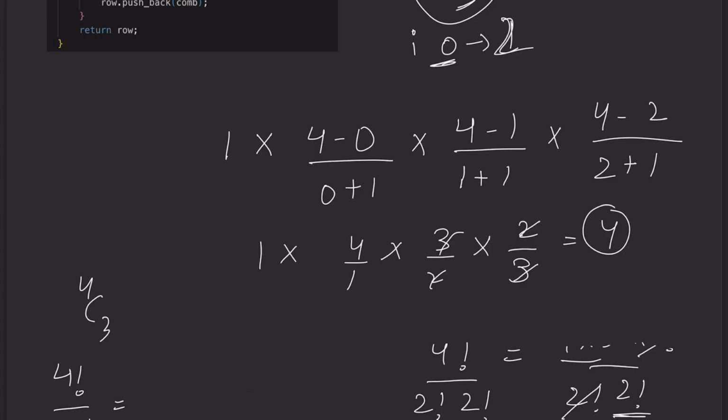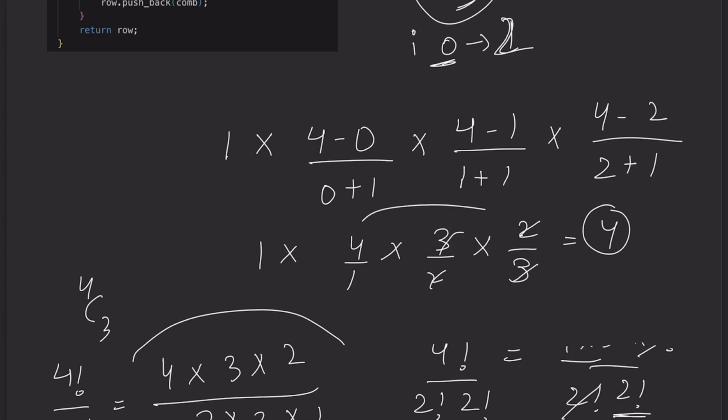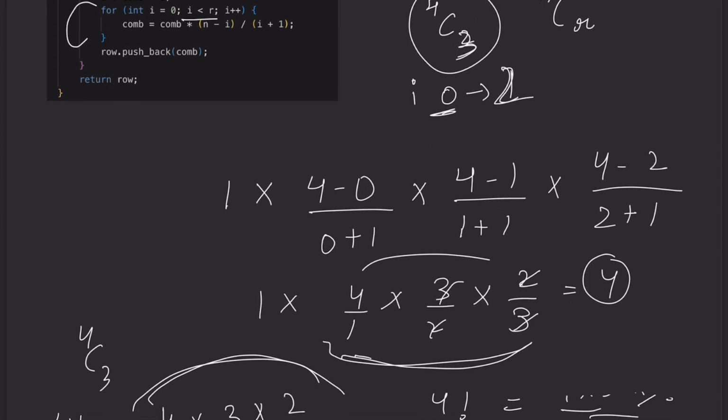Let me just show you another one. 4 times 3 times 2 by 3 times 2 times 1. So this is what we are exactly getting, right? The bottom factorial is reversed, and on the upper side we have 4, 3, 2. So this calculates our combination.